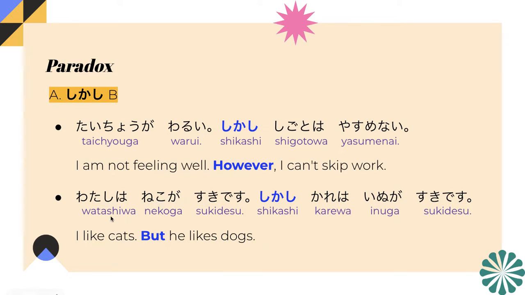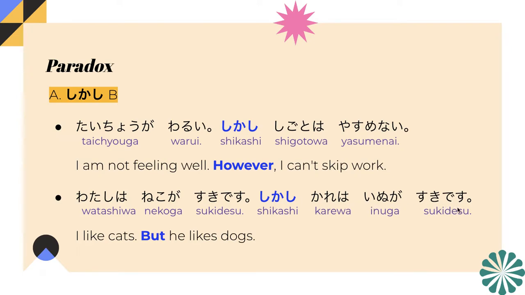To say this in Japanese, it would be 私は猫が好きです。しかし、彼は犬が好きです。So, the first statement A, I like cats. But, or however, he likes dogs.